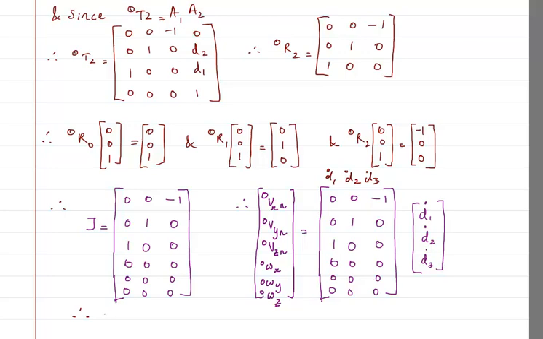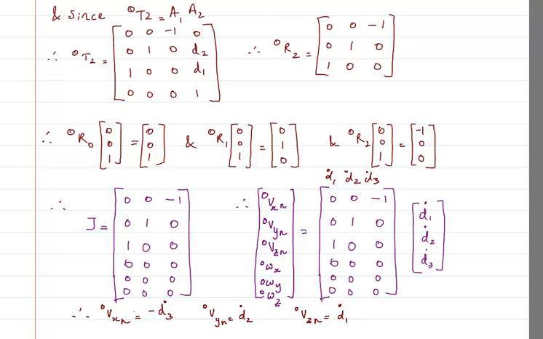Therefore Vx of n will be equal to minus d3 dot. Similarly, the velocity in y direction, if I multiply, will be d2 dot. Similarly, I will get 0. Vz, that is velocity in the z direction, will be d1 dot. And that is the answer of the velocity.